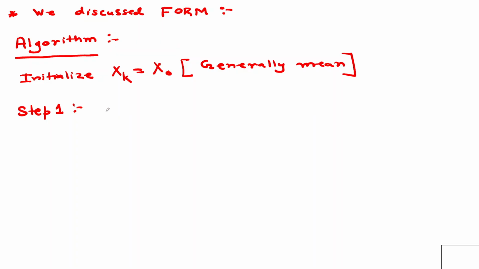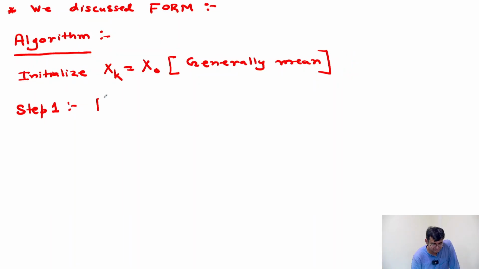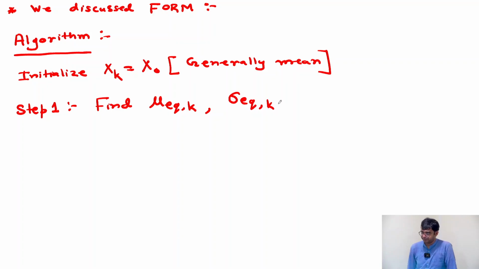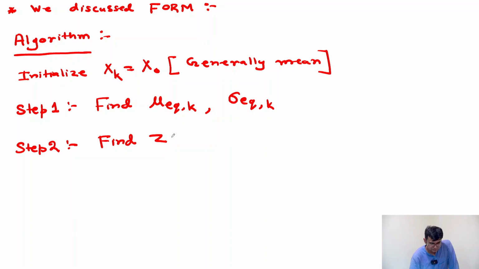So step 1 is find mu equivalent and sigma equivalent, and we are at the kth step. Step 2, I will use this to find z.